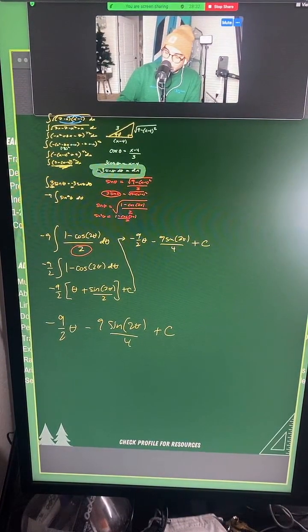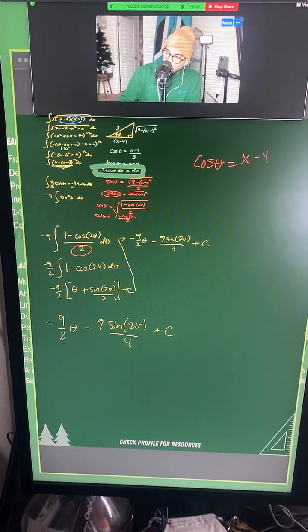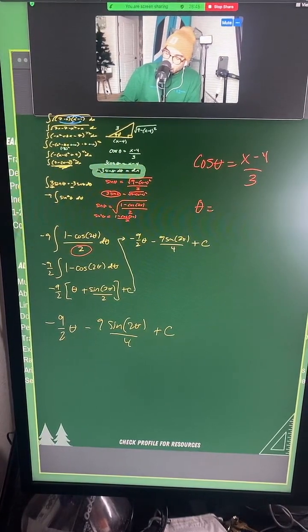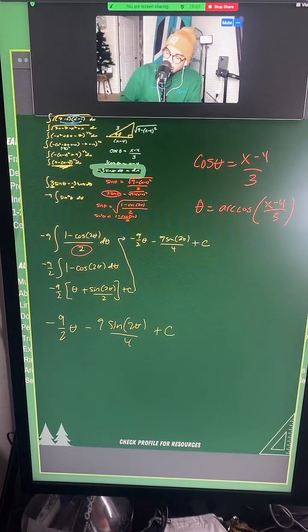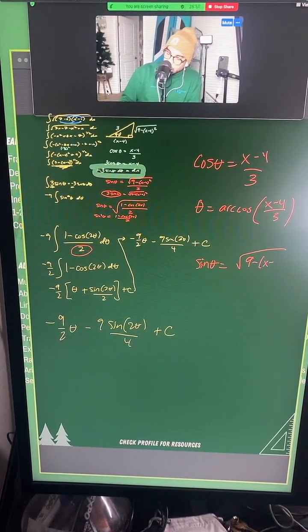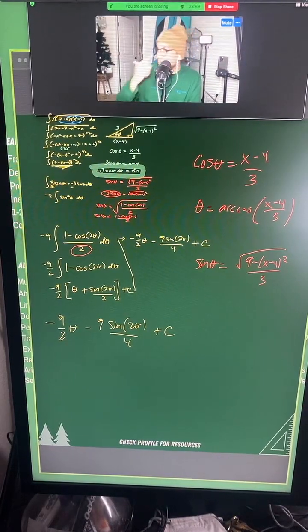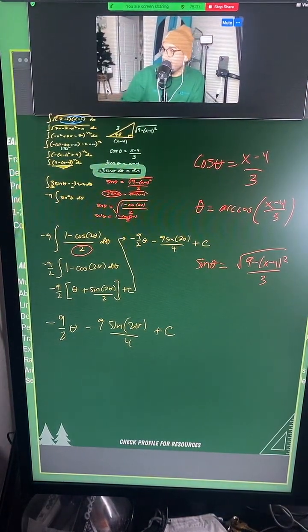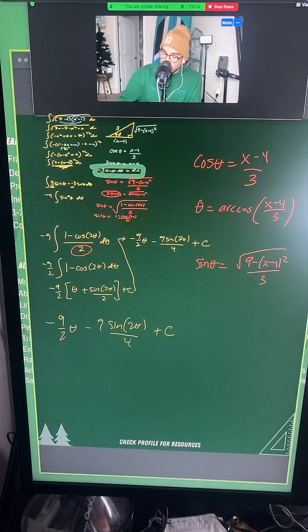I know it's kind of hard to see now, but we had that cosine theta was equal to x minus 4 over 3. And we also had that theta is equal to arc cosine of x minus 4 over 3. And then we also had that sine theta was equal to root 9 minus x minus 4 squared all over 3. Okay. I promise, I'll be quick.